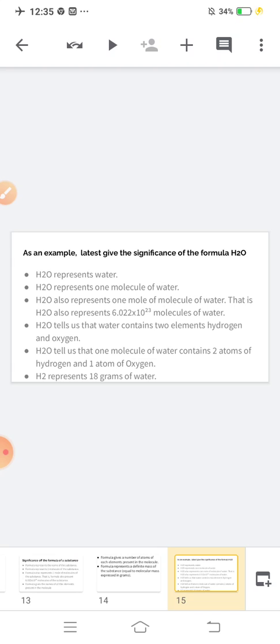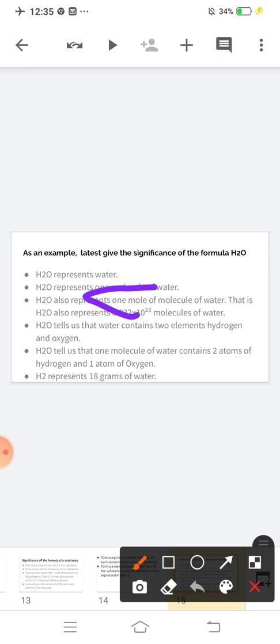You will take as an example H2O. H2O represents what? H2O represents water. Clear? After that, H2O represents 1 molecule of water. H2O also represents 1 mole of water that contains 6.022 into 10 to the power 23 molecules of water. Clear? H2O tells us that water contains 2 elements. Which ones? Hydrogen and oxygen.